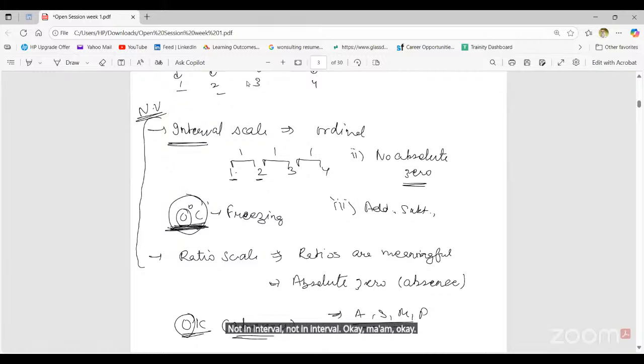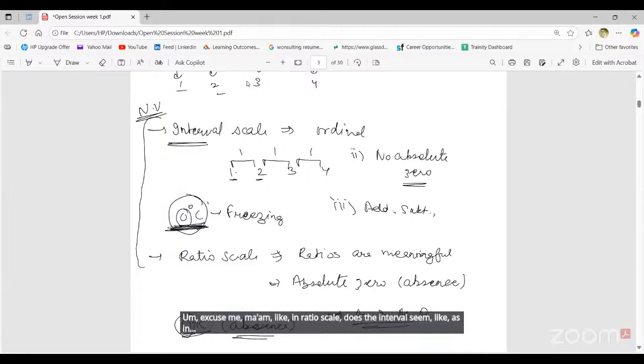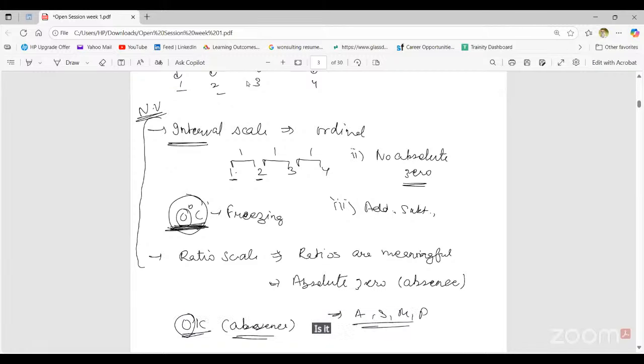Ma'am, in ratio scale, is the interval the same? As in interval scale, we can check that the change between two values, like one and two, the difference is one. Is it necessary for the ratio scale as well?